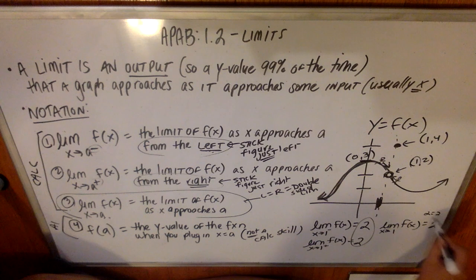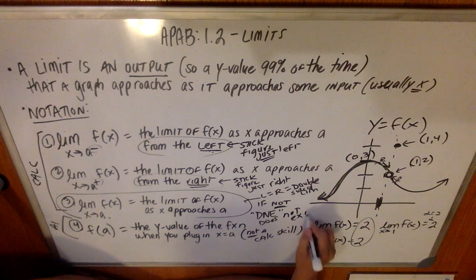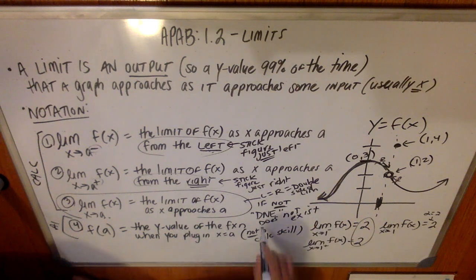If not, we actually use the abbreviation DNE, which stands for does not exist. And you don't have to write does not exist, you can write DNE. There is a special situation where there is no left, or there might not be a right, and we'll talk about endpoints in a minute. But essentially, if these two numbers are the same, that's also your double-sided limit.